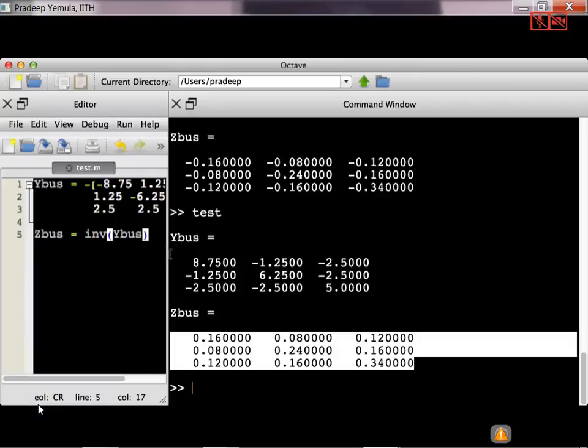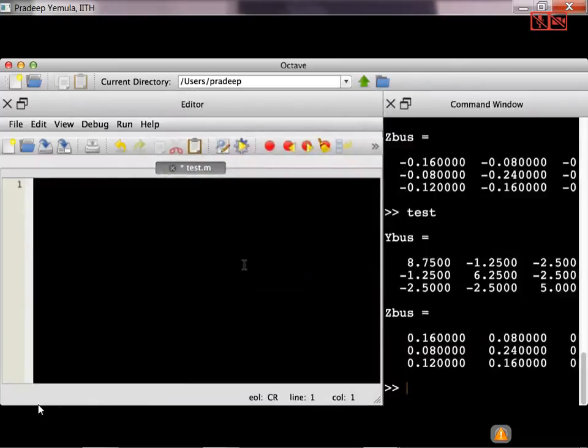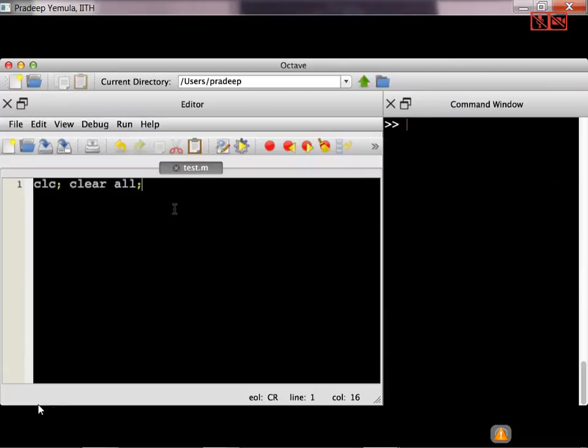So I will just clear this. What I am typing is delta Z, that is nothing but, just now we had written here, minus 0.2, 0.4, minus 0.2.